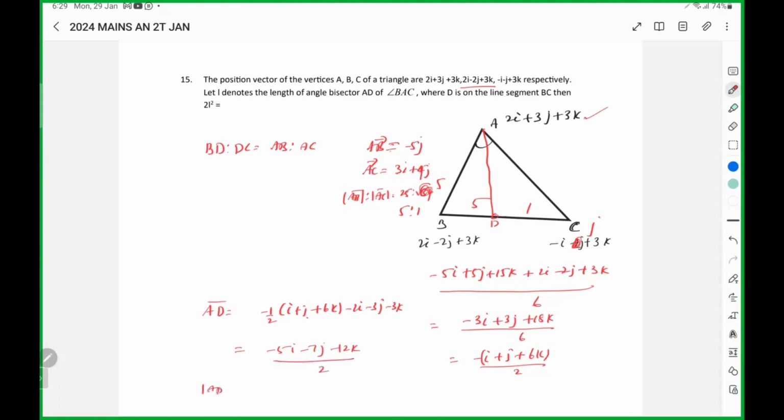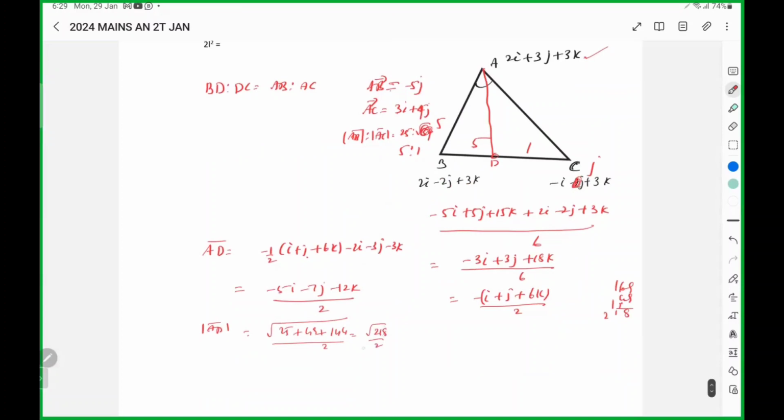So the AD length will be root of 25 plus 49 plus 144, 169 plus 49, root 218 by 2. So this is L. He's asking 2L square. L square is 218 by 4, and that is 109.